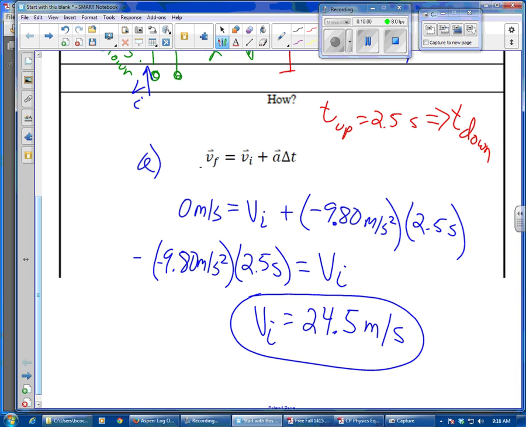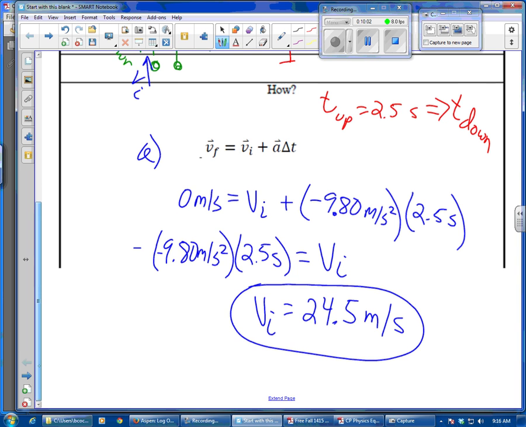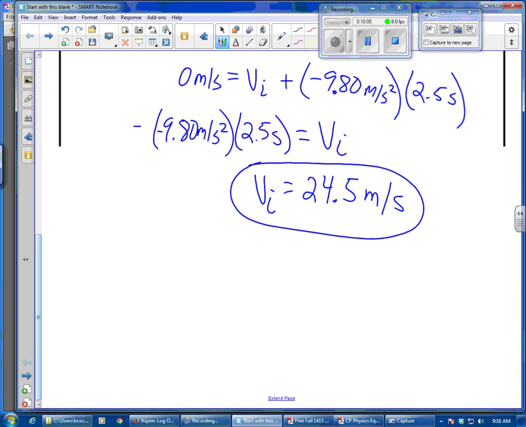That's the correct answer. If you did this using the 32 meters, you'd actually come up with a little bit larger answer. So if we rounded this to 2 sig figs like the author was thinking, you'd have 25 meters per second, and that would agree either way you did it. They were thinking 2 sig figs when they gave the 32 meters and the 2.5 seconds.